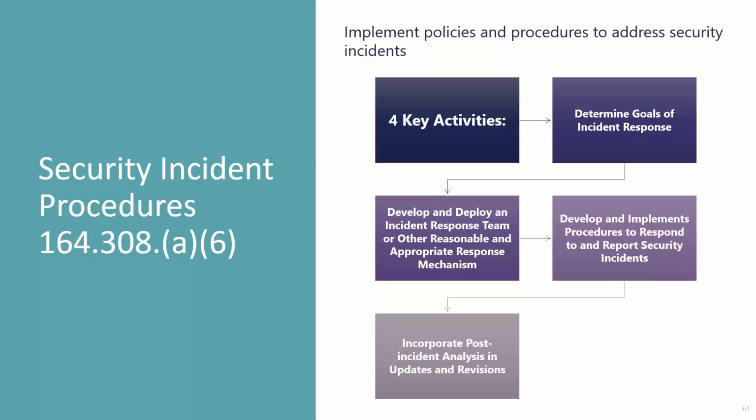There are 4 key activities: determine the goals of the incident response, and develop and deploy an incident response team. I know that Andrew was establishing that incident response team. Develop and implement procedures to respond to and to report security incidents. And then at the very end, after everything is said and done, look at the post-incident analysis and make updates and revisions.